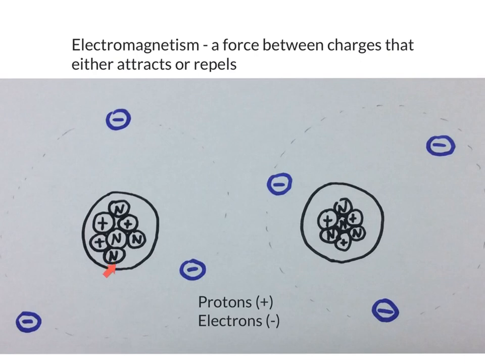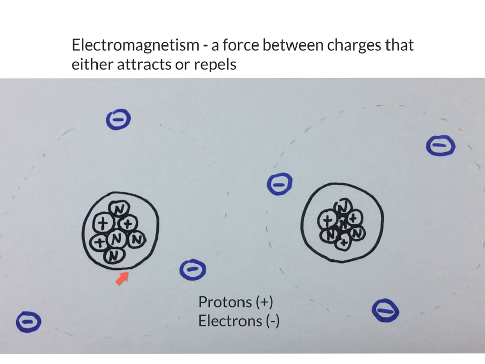So the electromagnetic force that holds an atom together is the attraction between this negatively charged particle and the positively charged particle. This atom, you'll notice, has 3 protons, 3 positively charged particles, and it attracts 3 negatively charged particles. They don't actually collide with this nucleus because they're moving really, really fast, so they have their own inertia that makes them keep moving.